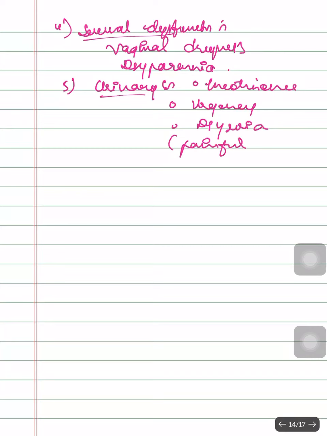Other symptoms are backaches and joint aches.